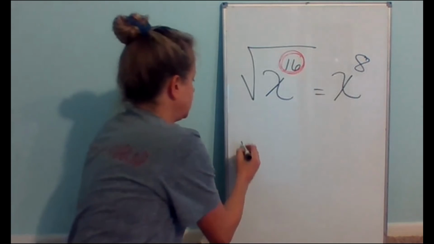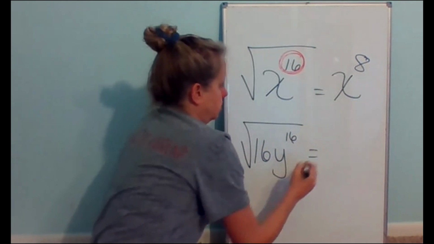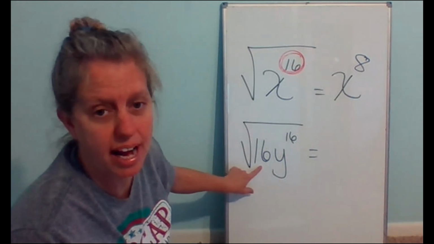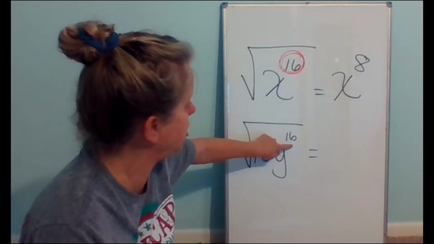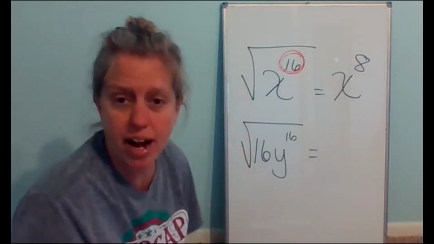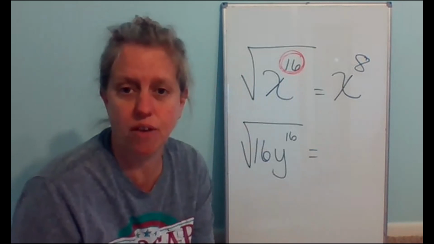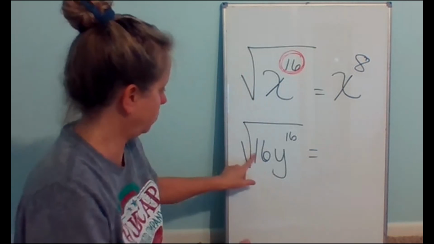So here's the difference. I cannot use that exponent rule right here. I only use that shortcut rule by dividing your exponent by 2 in my exponent. The square root of regular 16 still says what number times itself is 16. It's still 4, right?